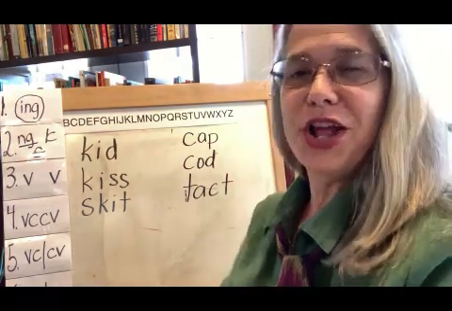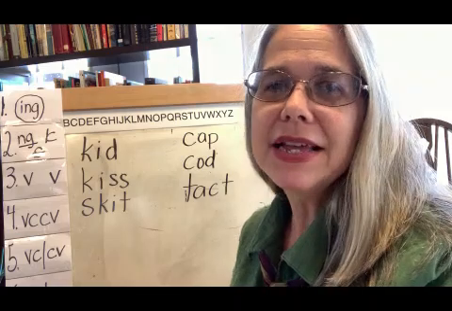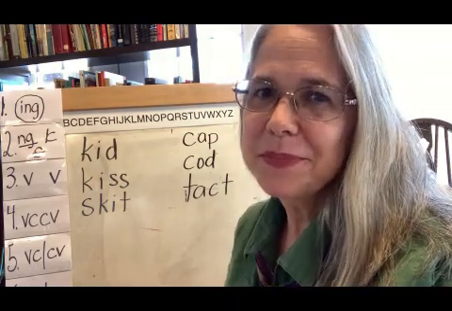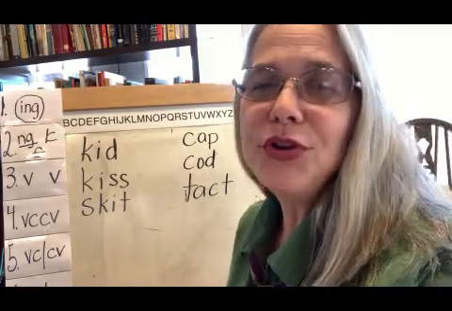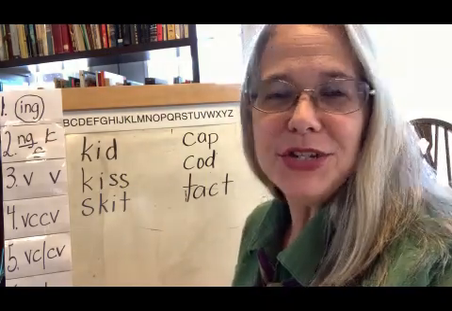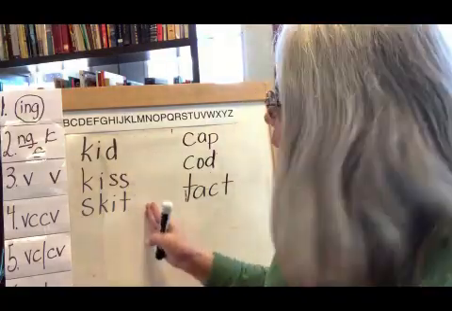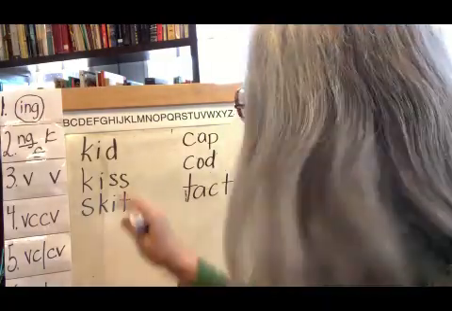Okay, we're going to learn a new spelling strategy today. When I make the k sound, what are the two ways you can spell it? Right, K, comma, C. Today, we're going to know when to use the K and when to use the C. Let's look at these words right here. I'm going to say the word, you repeat the word after me.